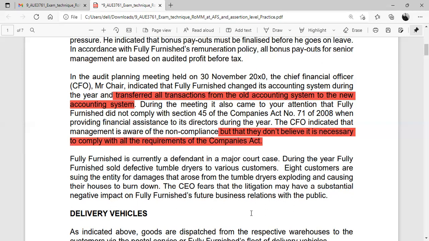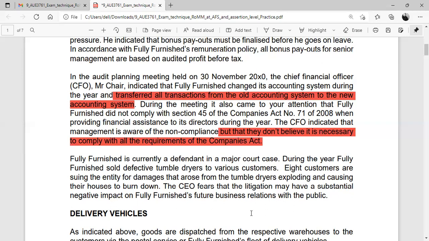I think that would be more of an assertion thing, and that's a very good one that you're bringing up. It would affect a specific account, and I think this one would be a liability. If I were to go into detail, I could use the reason both at the financial statement level and at the assertion level. But at the financial statement level, you'd have to substantiate.